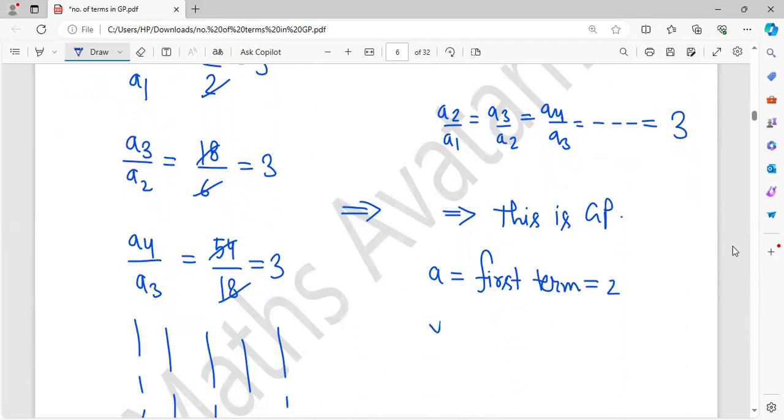What is R, the common ratio? Common ratio is A2 upon A1. Now we have checked this is a GP. So A2 upon A1, or you take A3 upon A2, or A4 upon A3, what is that? 3. So we got the first term and common ratio.